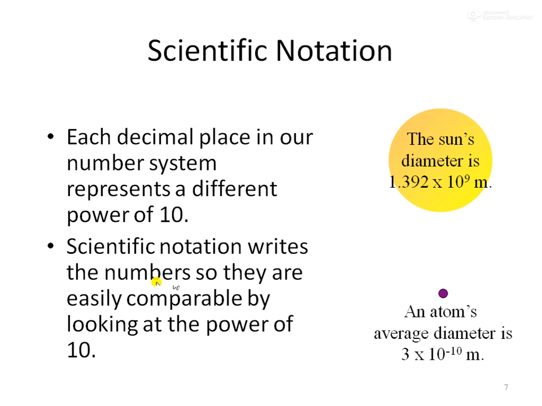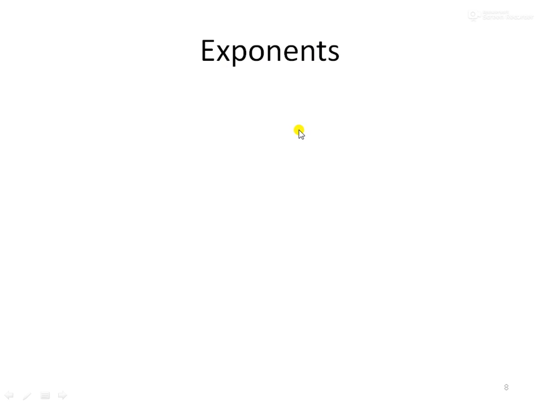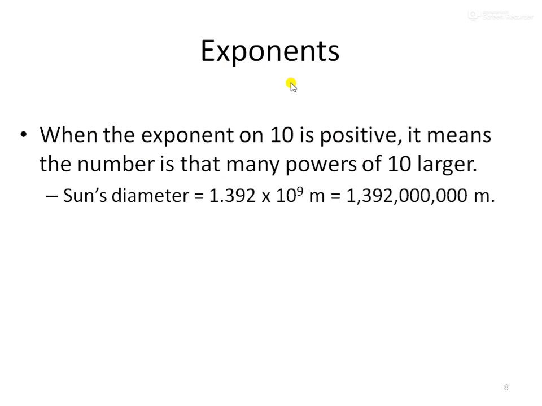Scientific notation writes numbers so that they are easily comparable by looking at the power of 10. So in scientific notation, we always take the power of 10. Now let us understand the exponential part. When the exponent of 10 is positive, it means that the number is that many powers of 10 larger.